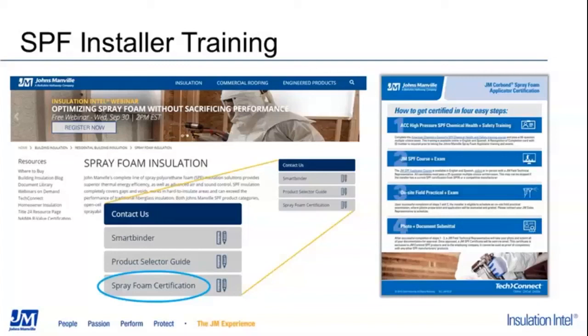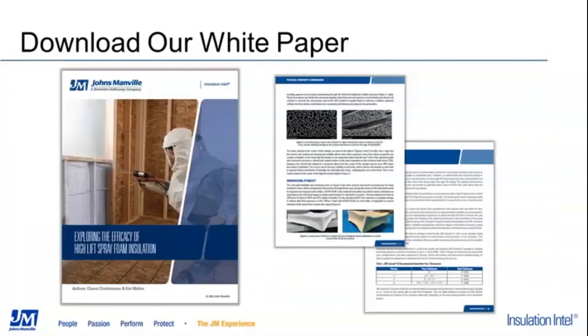If you click on that, you'll be able to get the information as to how to sign up for that training. In addition, I know we went through some of these slides pretty quickly with a lot of scientific information in them, so we will send a white paper to everybody who attended and registered for the webinar today. This white paper discusses the same topics we discussed in our presentation, and it is called Exploring the Efficacy of High-Lift Spray Foam Installation.